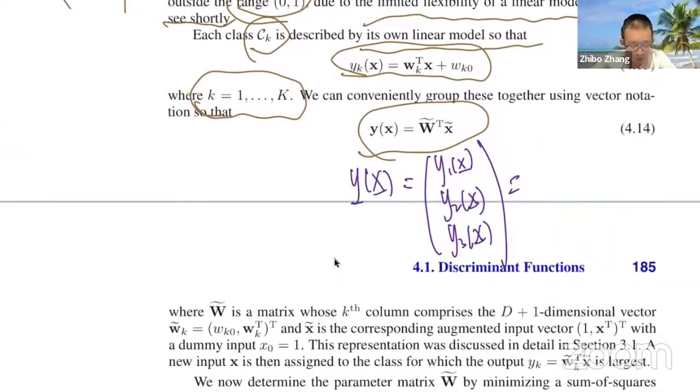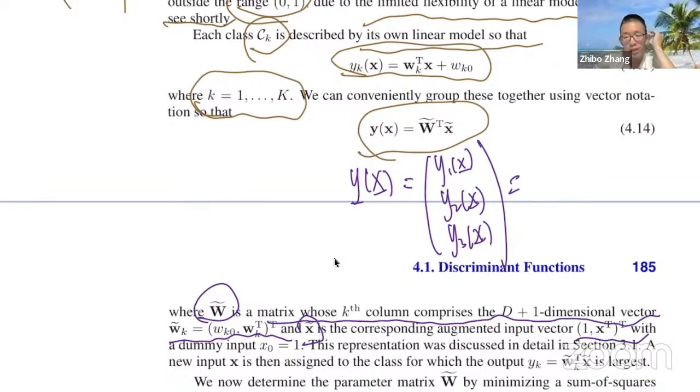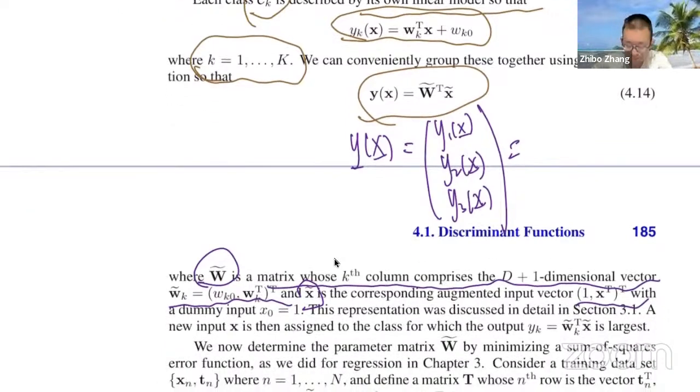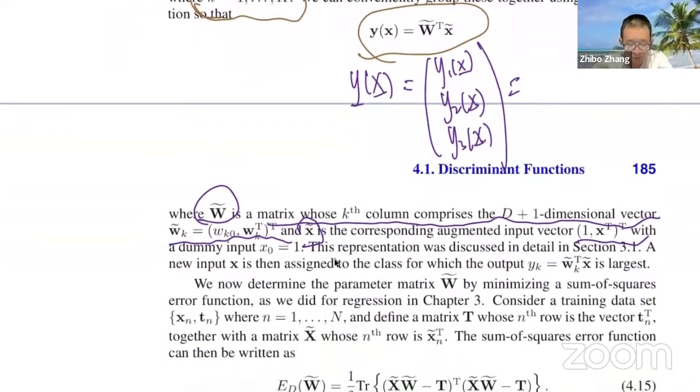So W-tilde here is the matrix whose kth column comprises the D plus one dimensional vector, okay? And x-tilde is basically a dummy input value concatenated with the original input vector. This representation was discussed in detail in the previous section.